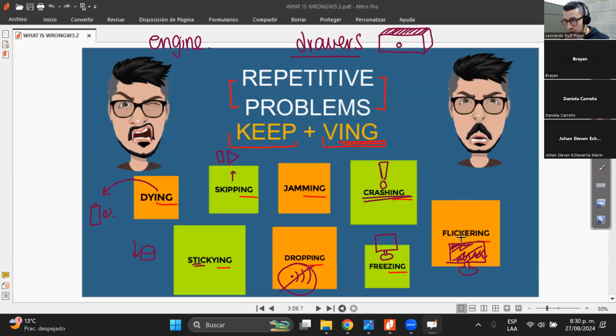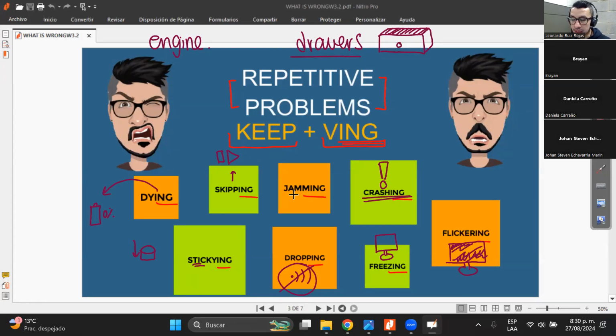So all of this vocabulary is related to problems that are not physical but are repetitive. Problems that continue to happen, and probably I can fix it, like reboot or format my computer, but probably next month it is going to happen again.